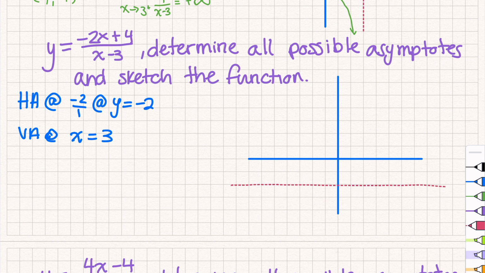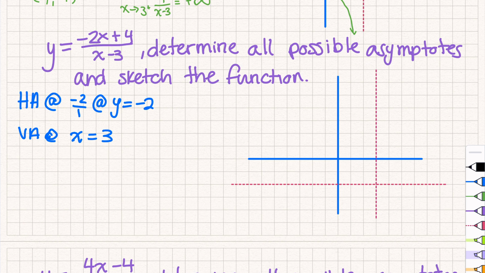So here. And we have a vertical asymptote at 3. So here. And then we can check points surrounding our vertical asymptote.